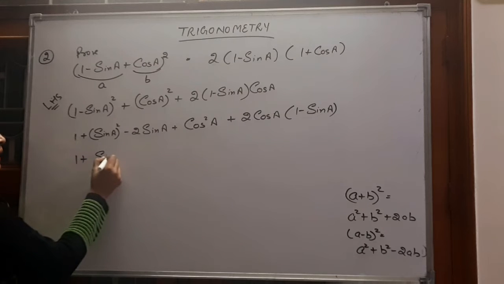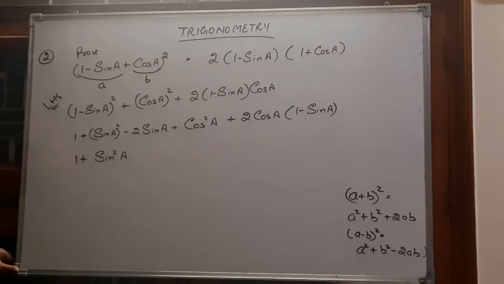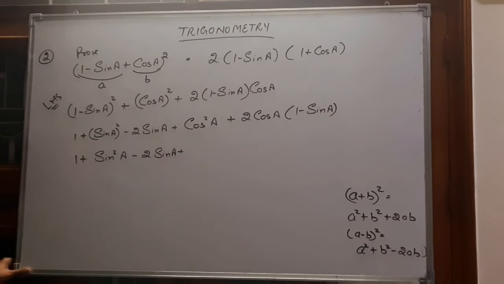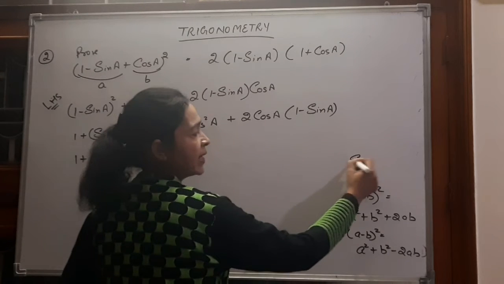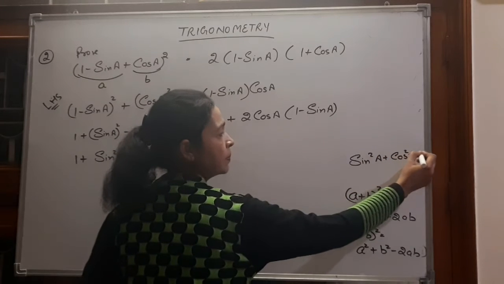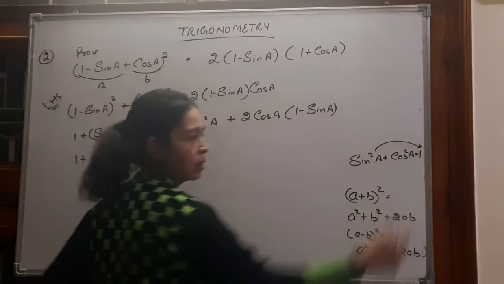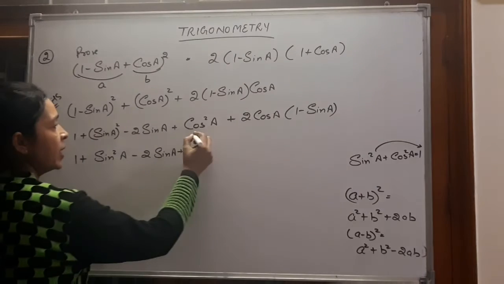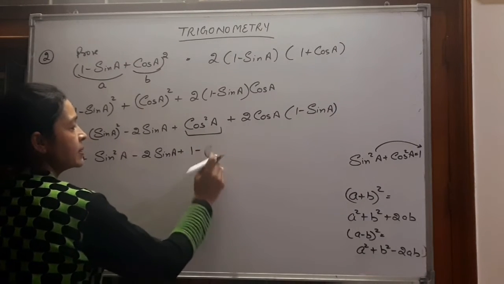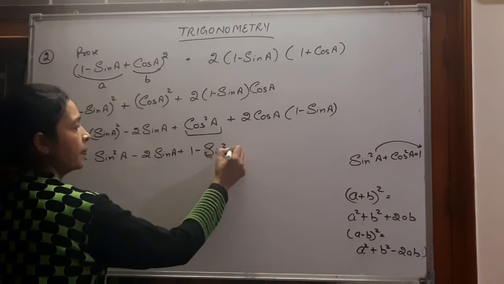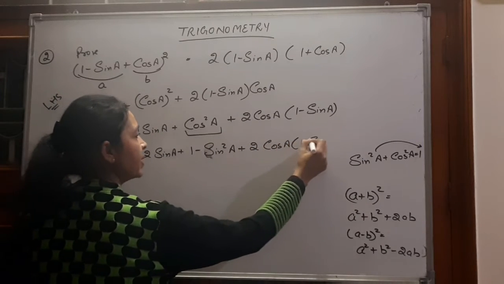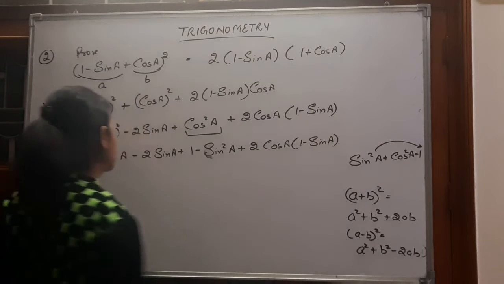(1 plus sin A) whole square can be written as 1 plus sin square A minus 2 sin A plus cos square A. We have the identity sin square A plus cos square A is 1, so what is cos square A? 1 minus sin square A. In place of cos square A, we write 1 minus sin square A plus 2 cos A into (1 minus sin A).